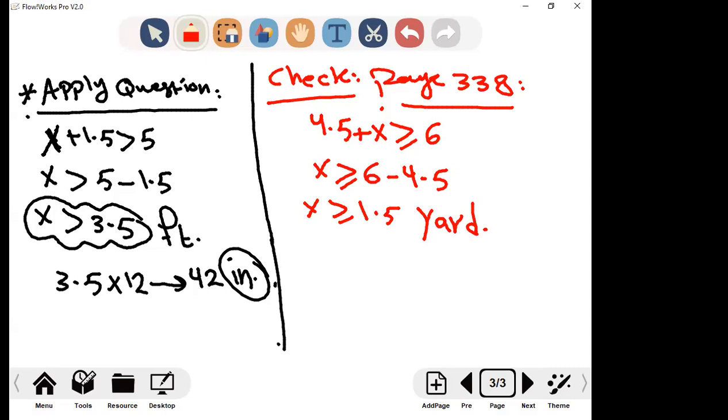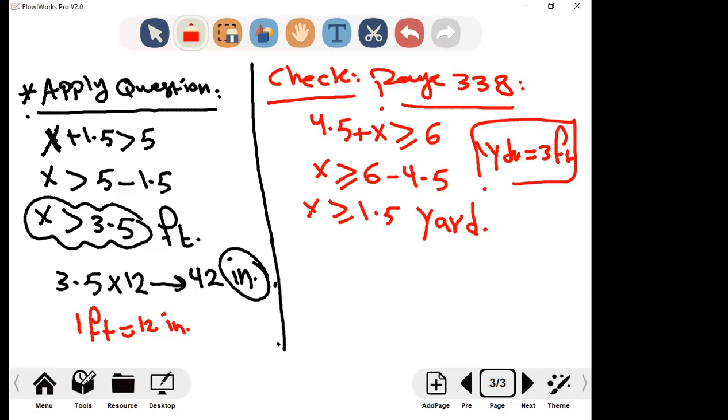How do we turn yards to feet? Each 1 foot equals 12 inches, and each 1 yard equals 3 feet, okay? So 1.5 multiplied by 3 will be 4.5 feet.